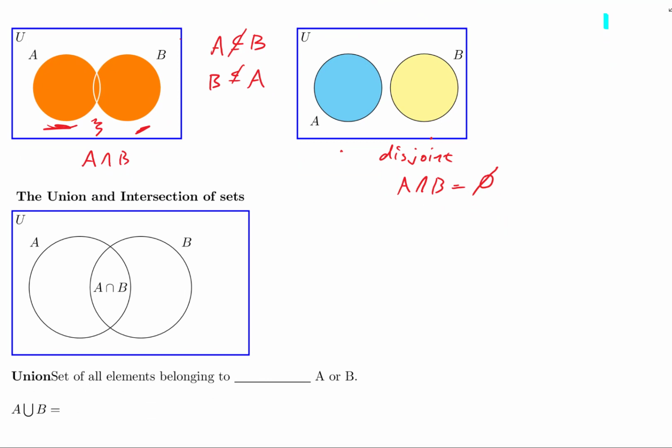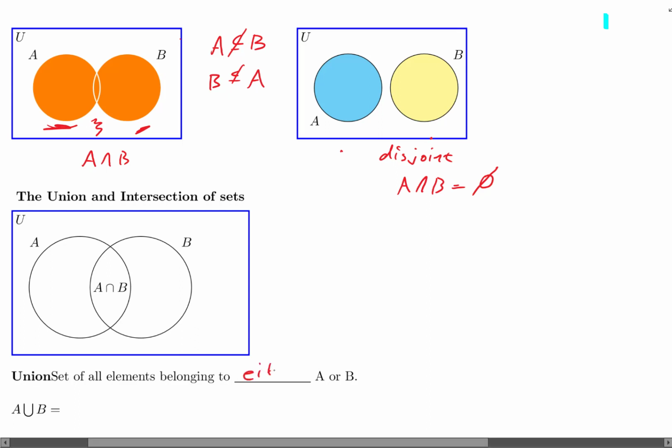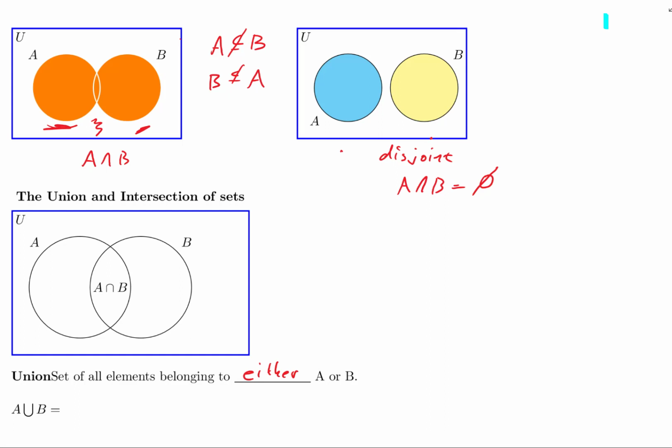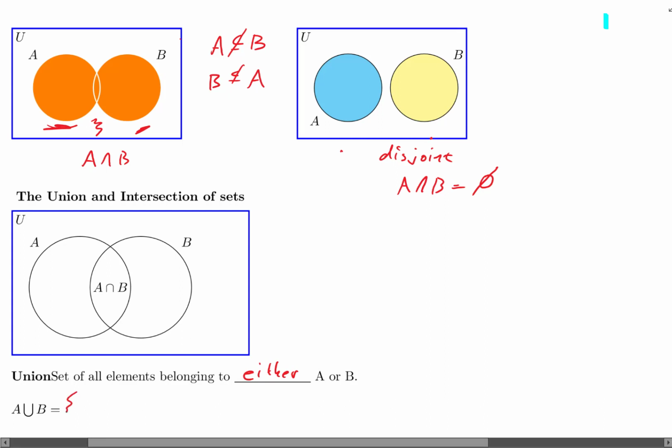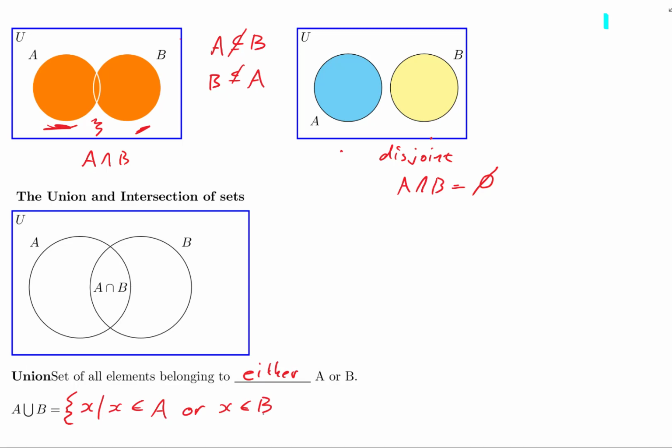Union is a set of all elements belonging to either A or B. So when we write this, put our bracket, and we'll just use the rule: X is such that X is an element of A, or X is an element of B. Now when you see the word or in math, it's an inclusive or, which means it can be only in A, only in B, or it could be both. Here I'm just going to say it explicitly, or both.